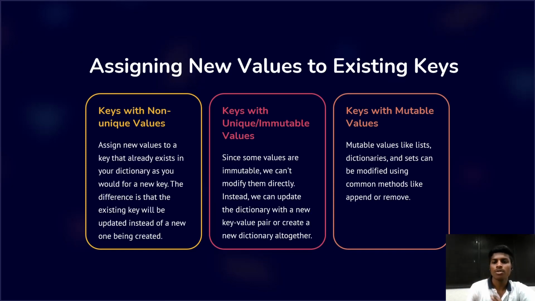Okay, keys with mutable values. Mutable values like lists, dictionaries, and sets can be modified using common methods like append or remove. When we use the append function, the new value that is given is directly inserted at the end.